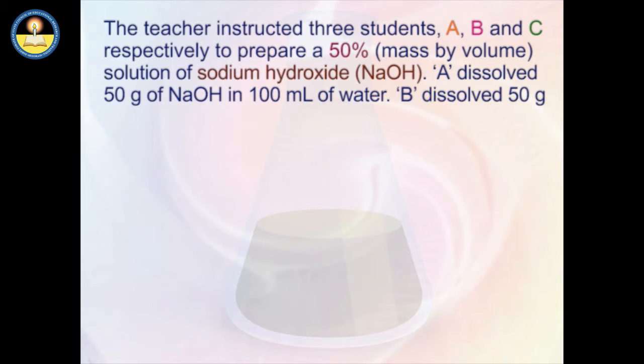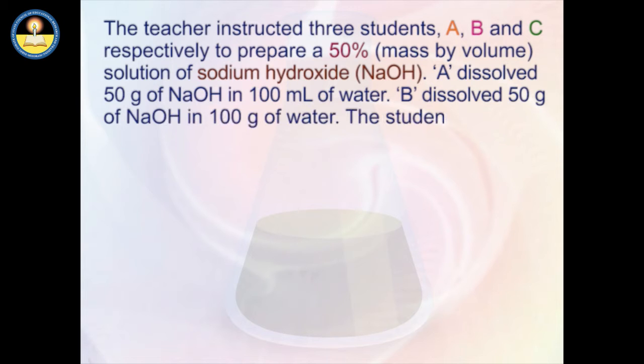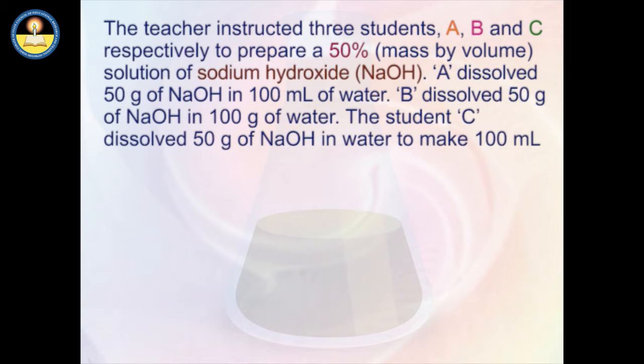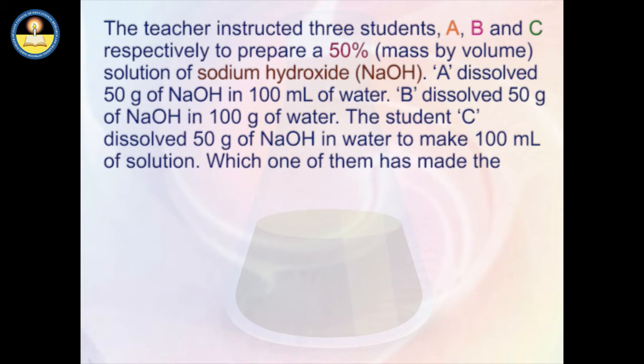B dissolved 50 grams of sodium hydroxide in 100 grams of water. The student C dissolved 50 grams of sodium hydroxide in water to make 100 milliliter of solution. Which one of them has made the desired solution and why?